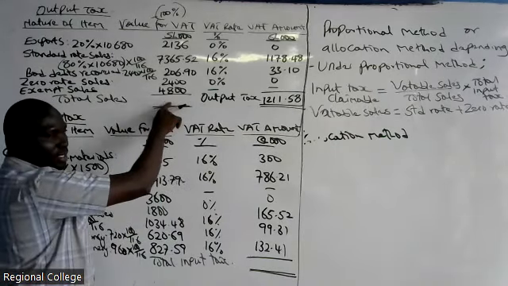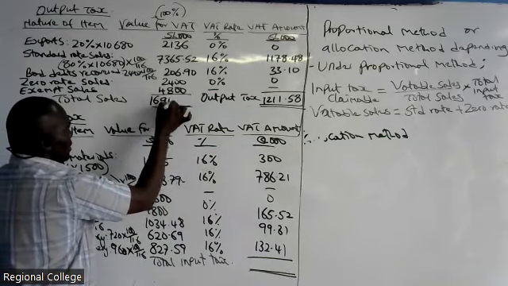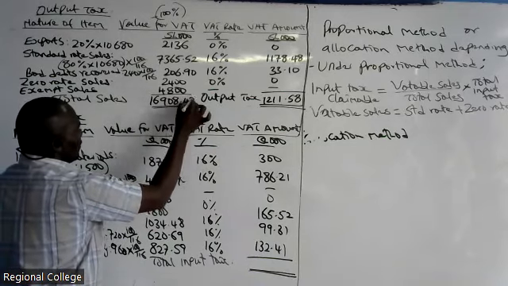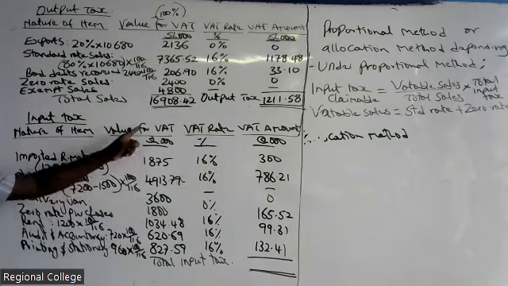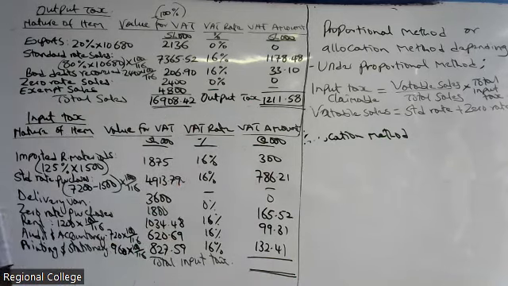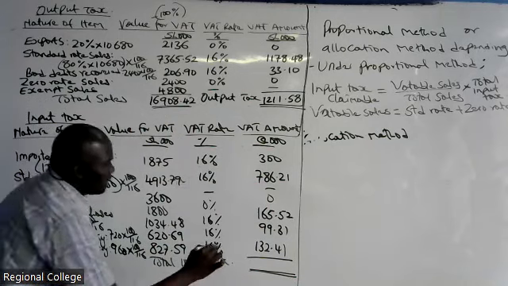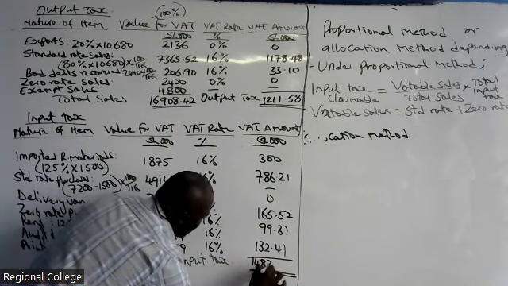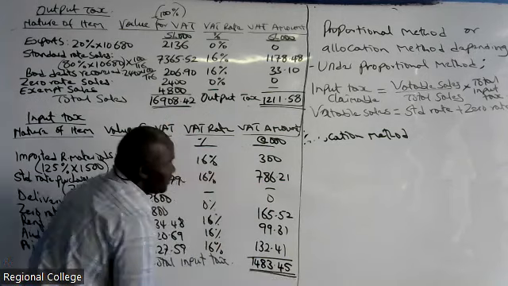Hapa. 16.42. I don't need total of this. I just need the total input tax. 14.83.45.